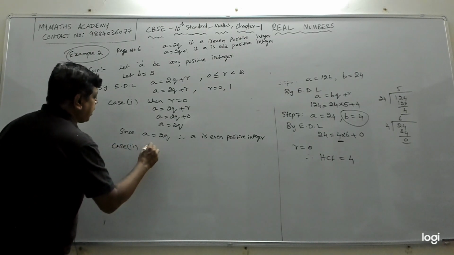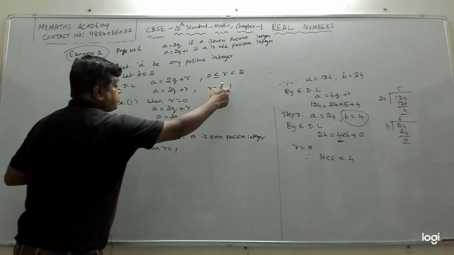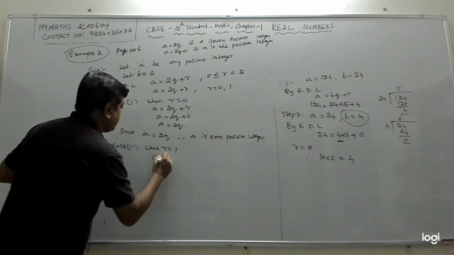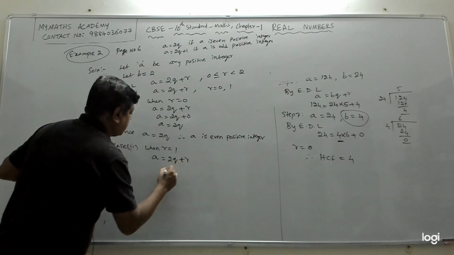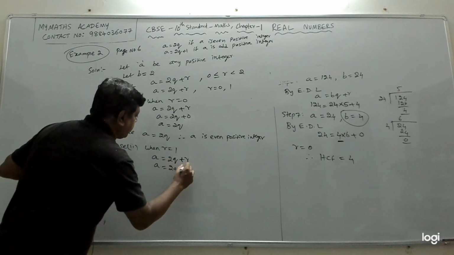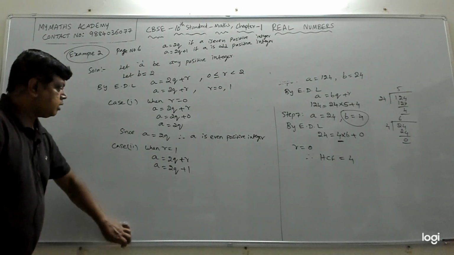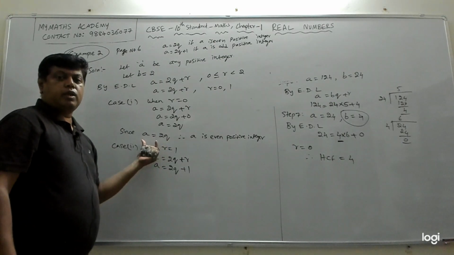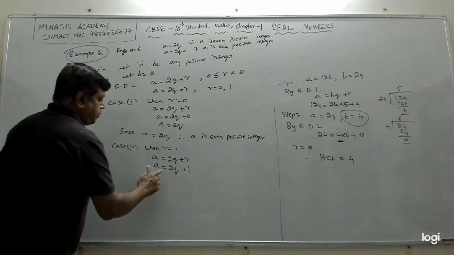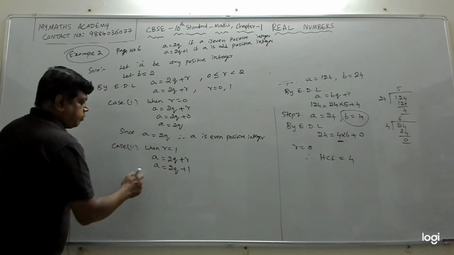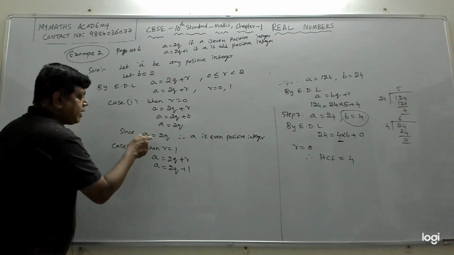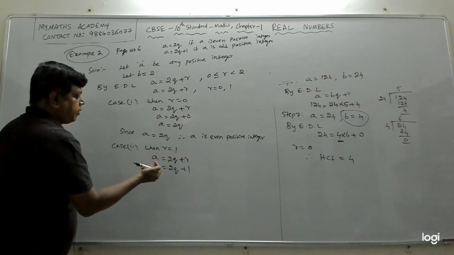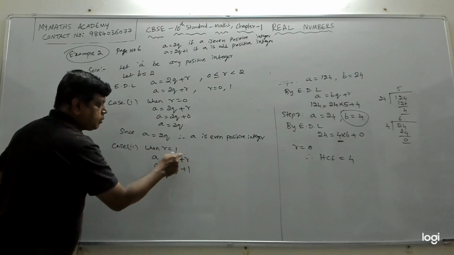Now let's take the next case, case 2, when R equal to 1. When R equal to 1, what happens? My A is equal to 2Q plus R, so A will become 2Q plus 1. We have proved that whenever A is 2Q, A is an even positive integer. But here A is 2Q plus 1 because I am putting R as 1.